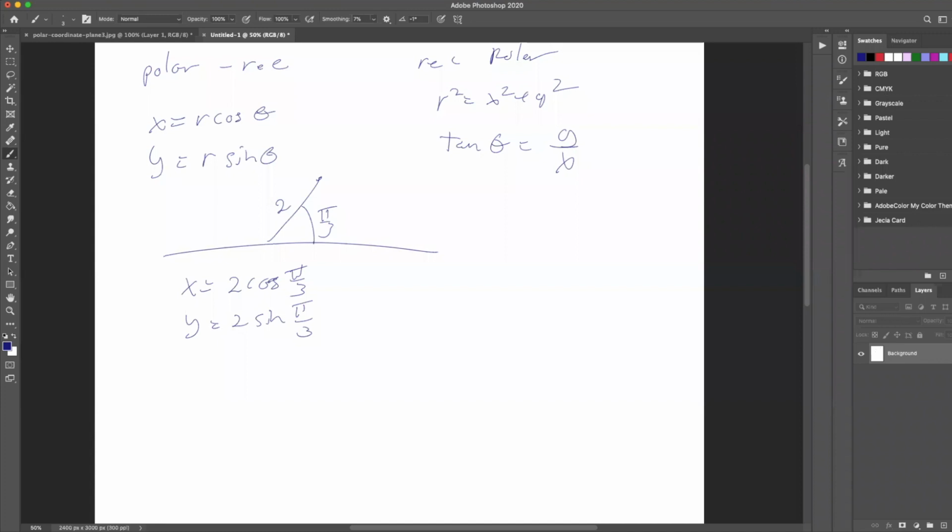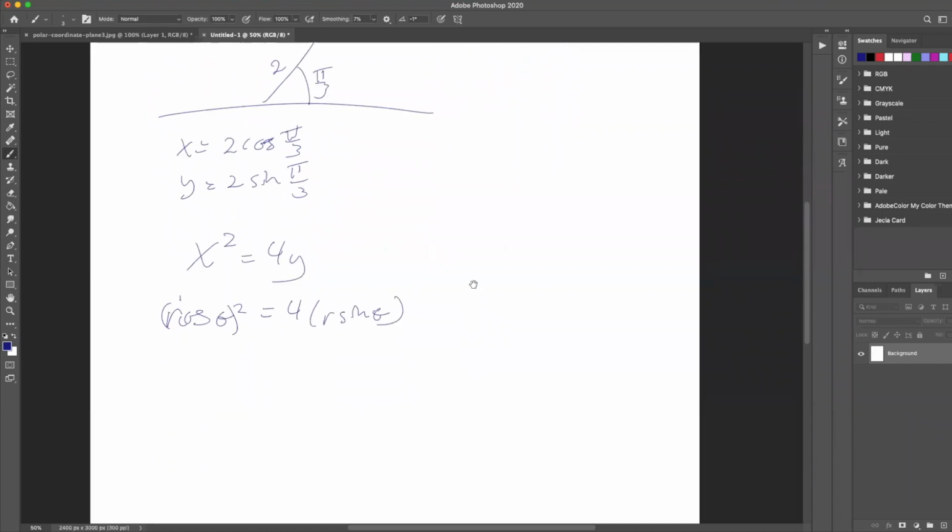You can convert points over, and you can convert equations over. The one the book gives you is x squared equals 4y. Where you see x, you just put in r cosine theta, squared, equals 4 times r sine theta.